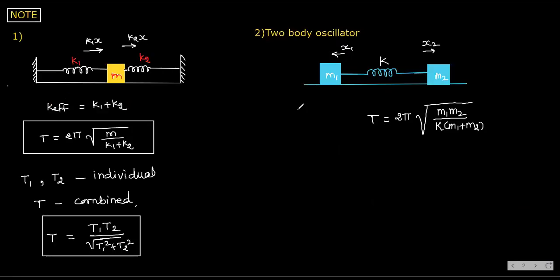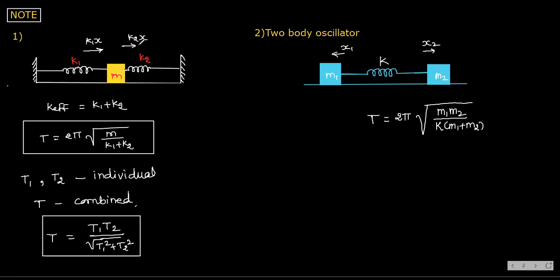Now see some note points. If now you have a situation like this, when these two springs are connected and in between the block is there like this, then what happens here? This spring, when this block is here, it will act in this direction.